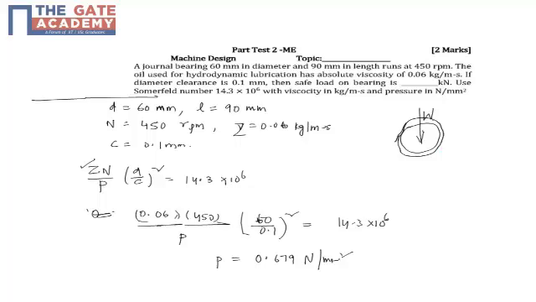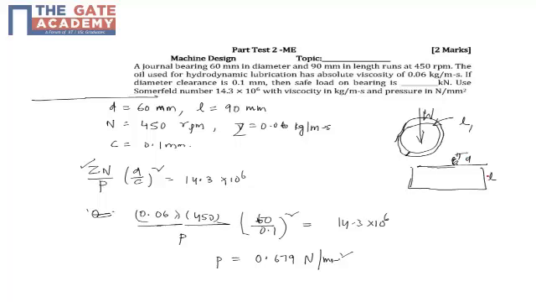But this W is supported entirely throughout the length. If you unwrap the inner shaft, the cross section will be pi d in one direction, and this will be your length.